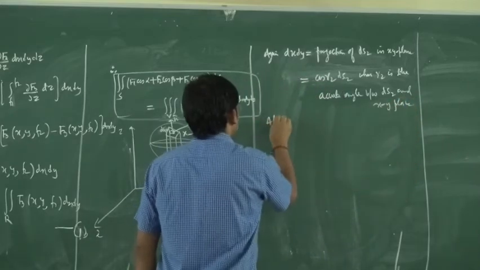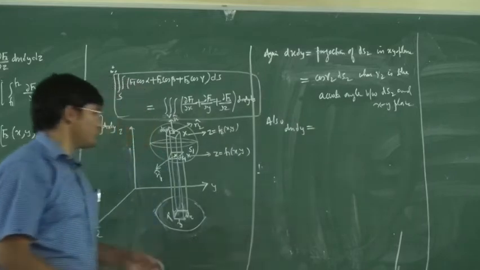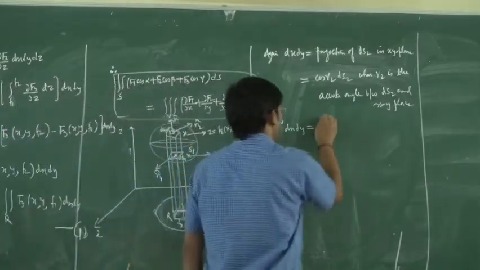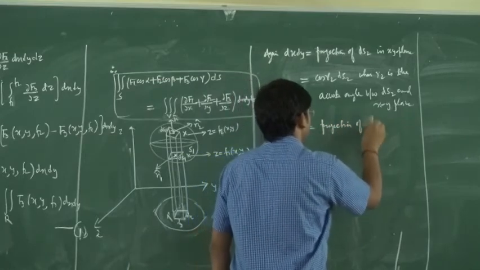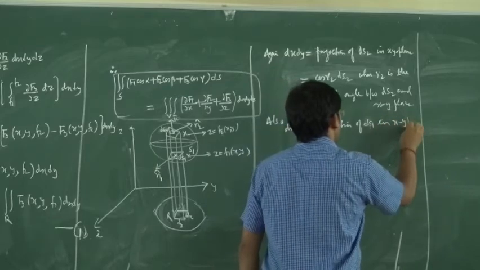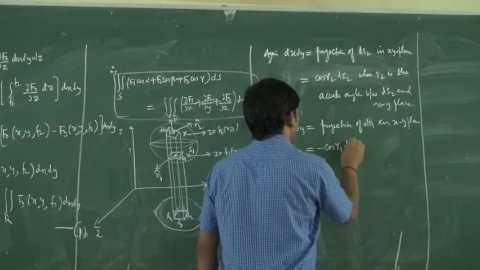Also, now let us find out the projection of this S1 in the xy plane. So dx dy will be the projection of dS1 in the xy plane, and this will be minus cos gamma into dS1.